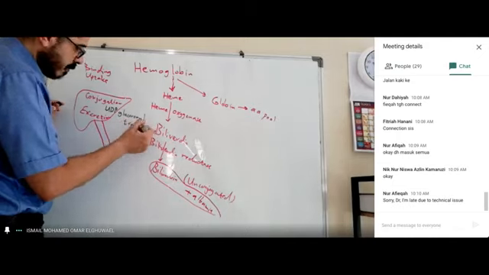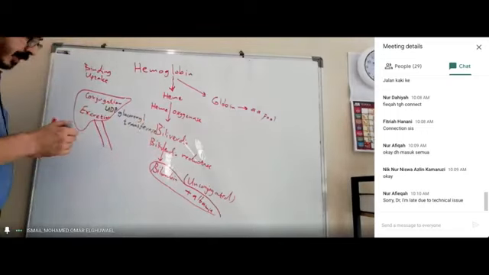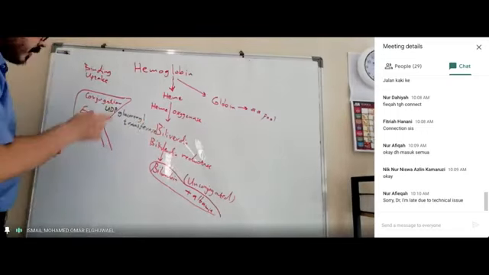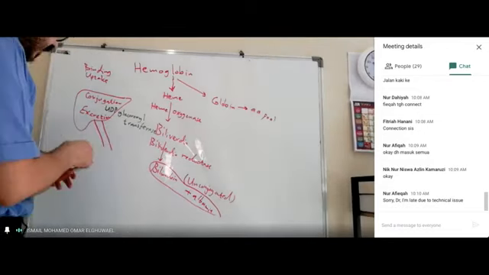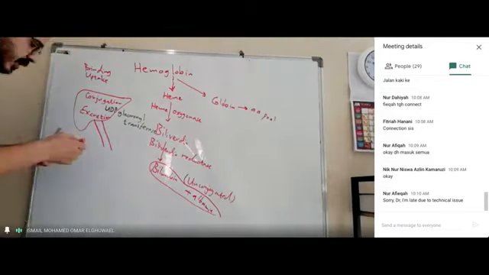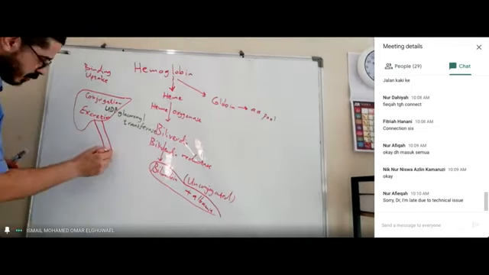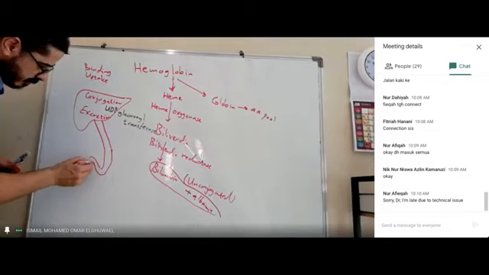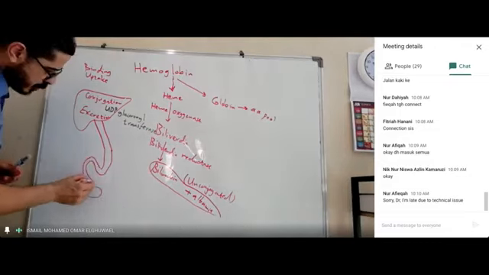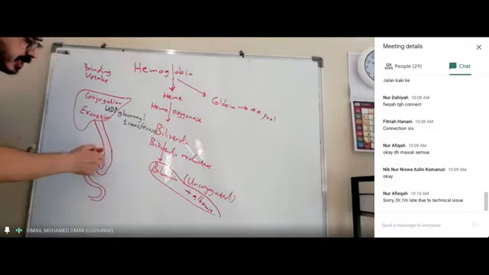That is the name of the enzyme. So bilirubin becomes conjugated and excreted. After excretion, when it reaches the small intestine, it will not stay conjugated.